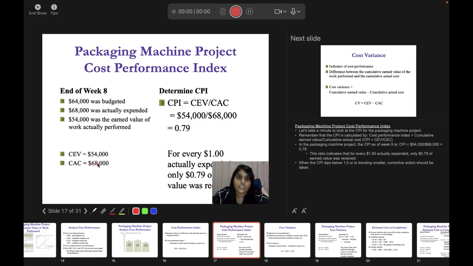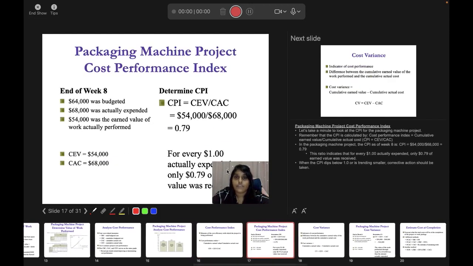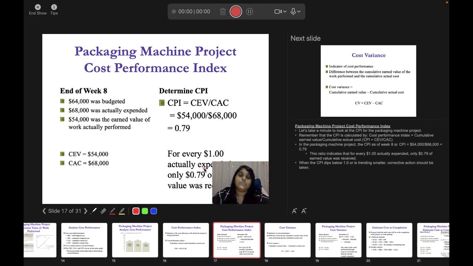Now the earned value is 54,000. Your cumulative actual cost is 68,000. So when you divide 54,000 by 68,000, you get 0.79. That means for every $1 spent, the actual earned value is only 0.79.